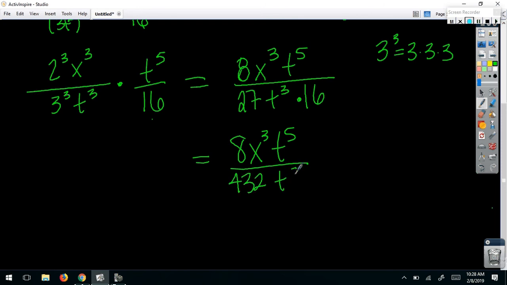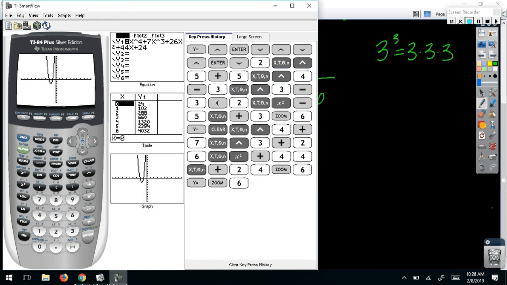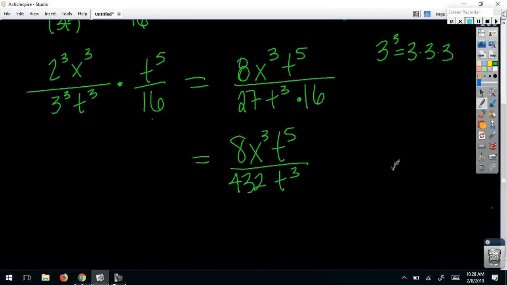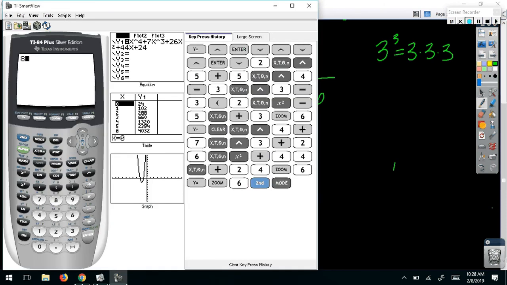432. All right, so there's 2 more things left to do in this fraction. One is to reduce the numbers in front: 8 divided by 432. Remember how we did the division problem and then math enter? 1 over 54.